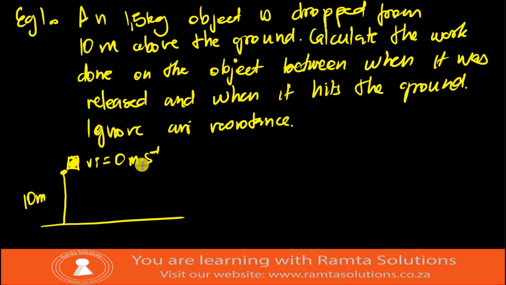Now remember, you are dropping, so your object is moving from this point to here. At this point, what would our height be? Our height at this point would be 10 meters.